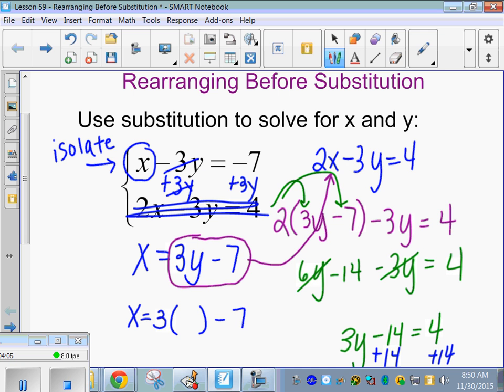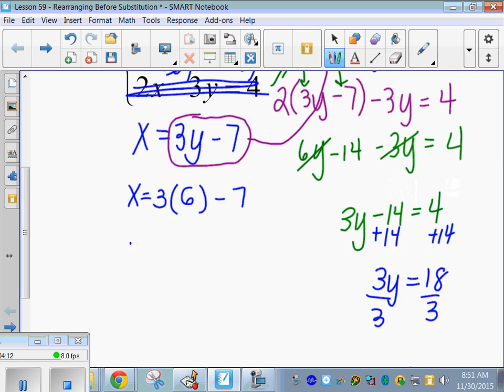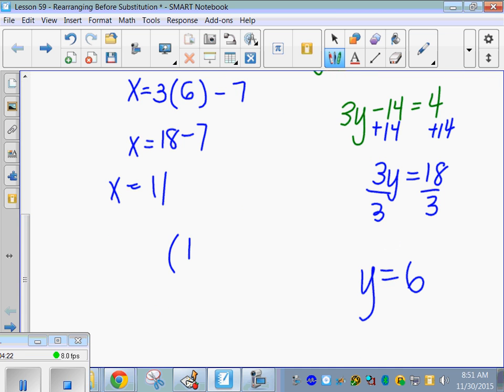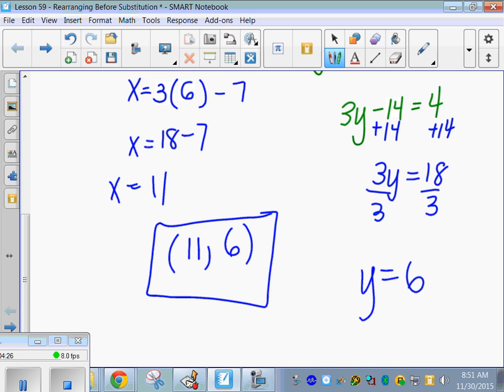And instead of a y, we're going to substitute in 6, because y is 6. So what did you guys get for x? Corey? Okay. And our final step is to write it as a coordinate point. 11, comma 6, x, comma y. Always the x, then the y. Okay?